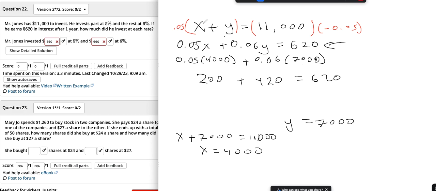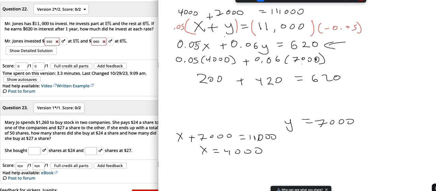So one equation is the total amount of money in one account plus the total amount of money in the other making a grand total of $11,000. This person had 4,000 in the first account plus 7,000 in the second account, and together that makes $11,000.